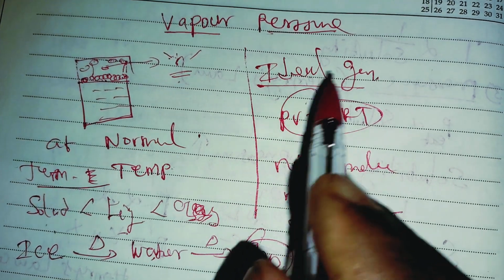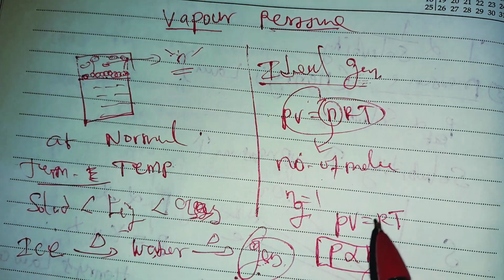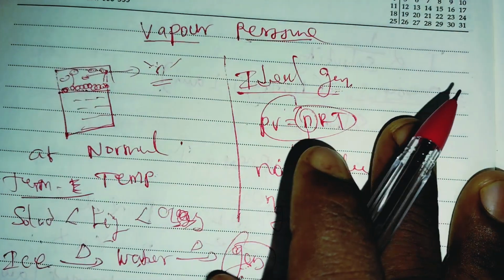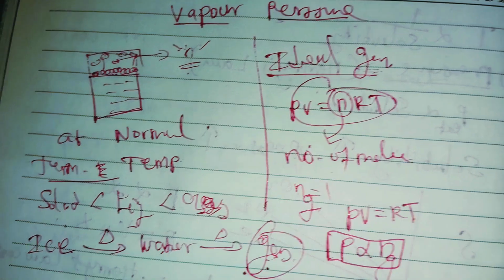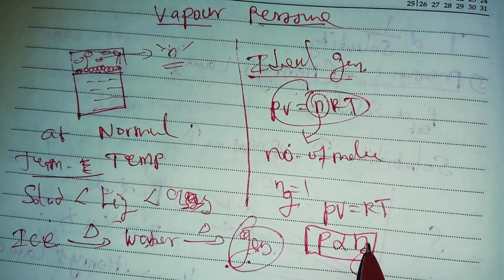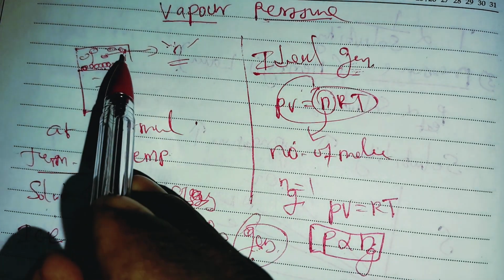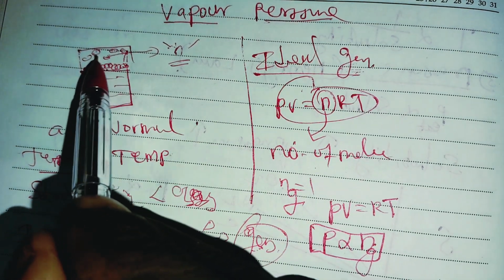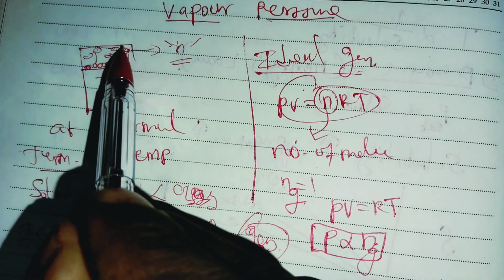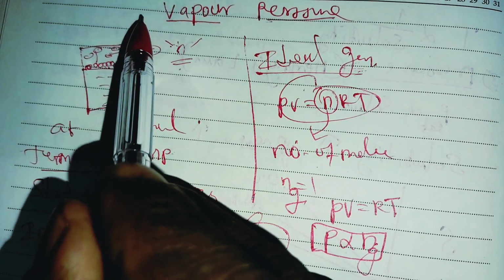Because of the ideal gas formula, n is the number of gaseous molecules. So the pressure is directly proportional to the number of gaseous molecules or moles. That's why, as the number of gaseous molecules increases, the vapor pressure increases.